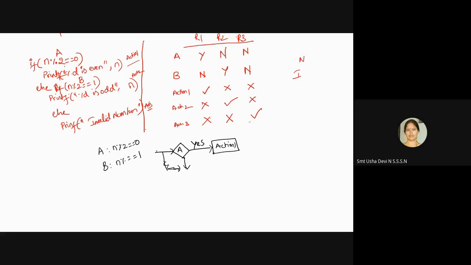Because after checking A only I am going to B. A is not true, then I am checking whether B is true. If B is true, we need to go for action 2. If B is no, as well as A is also no, then we need to go for action 3.